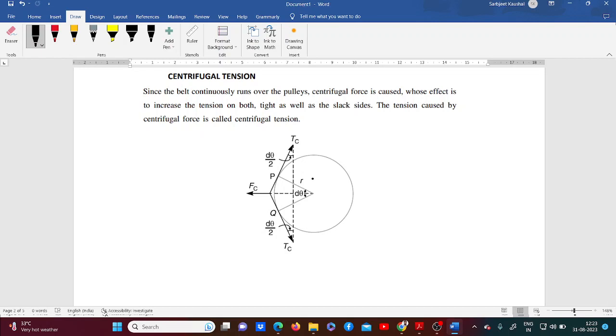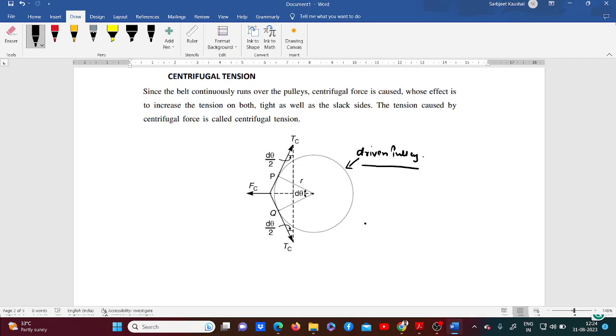So let us suppose we have a driven pulley, and on the driven pulley we take a specific area PQ, and this area subtends the angle d theta at the center, and the radius of the pulley is small r, and this Fc is the centrifugal force and Tc is the centrifugal tension on both sides of the pulley.